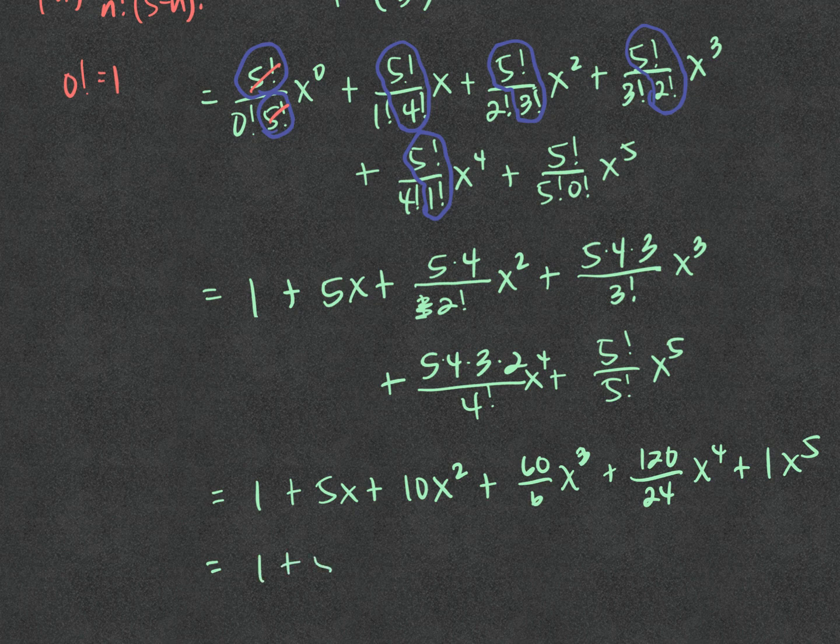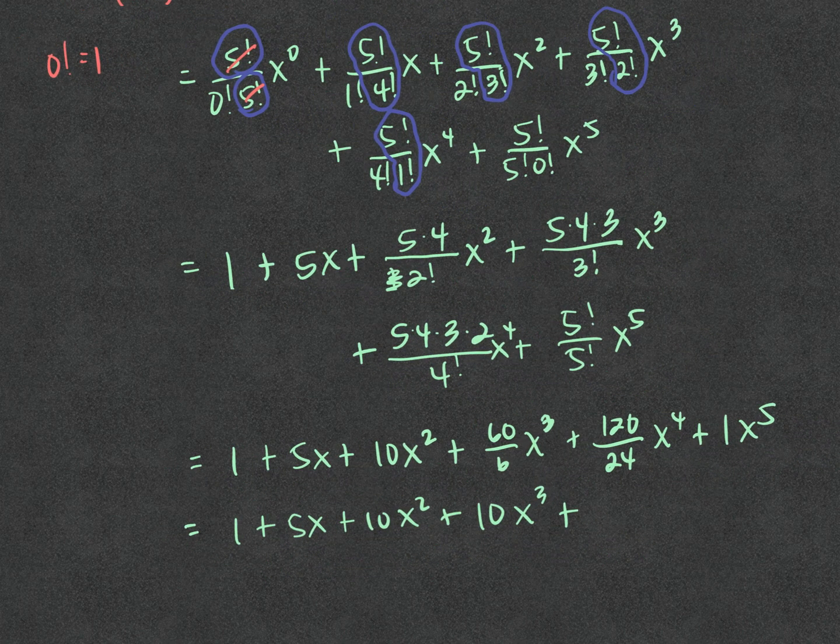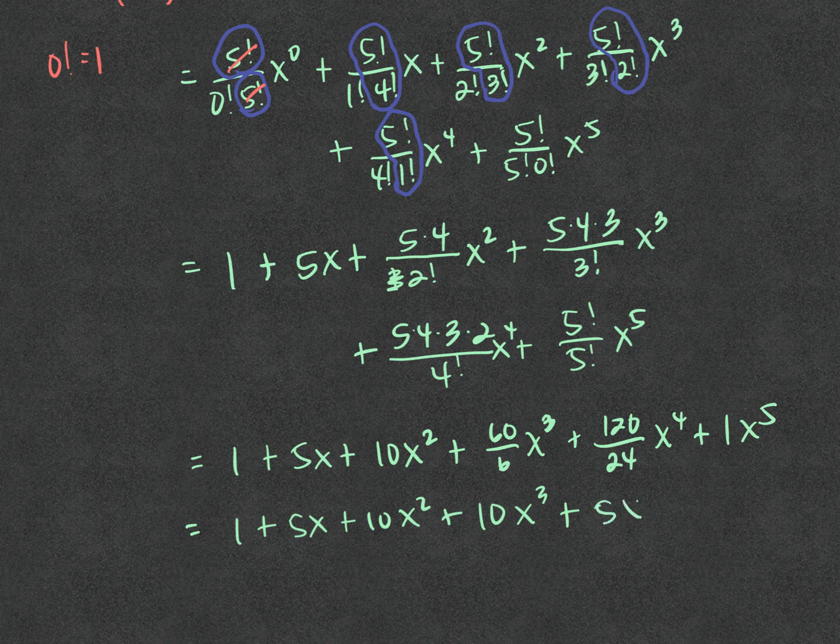So we have 1 plus 5x plus 10x squared plus 60 divided by 6 is 10x to the 3rd plus 120 divided by 24 is 5x to the 4th plus x to the 5th.